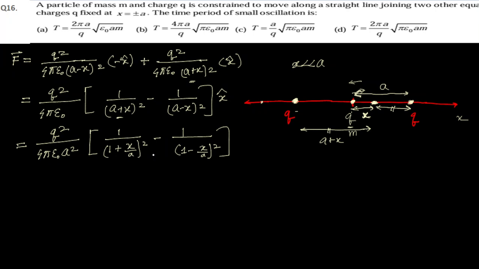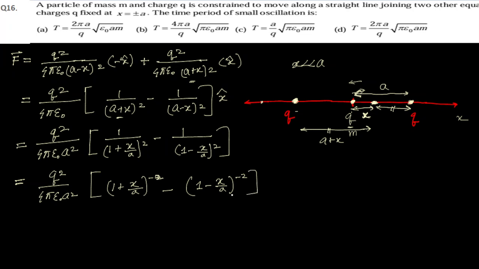Now when x is much less than a, x by a will be less than 1, so we can do the binomial expansion of these terms. After the binomial expansion, we get Q squared divided by 4 pi epsilon naught a squared times [(1 plus x divided by a) to the power minus 2 minus (1 minus x divided by a) to the power minus 2].